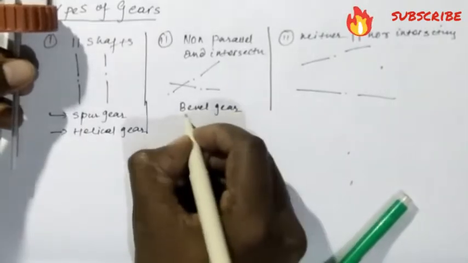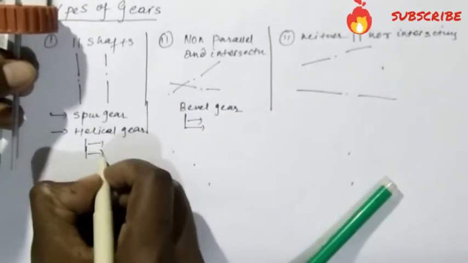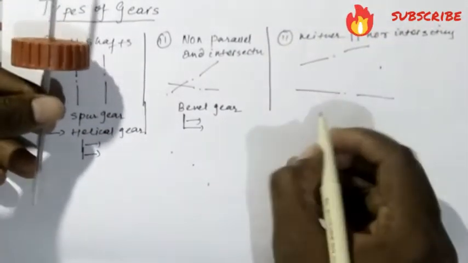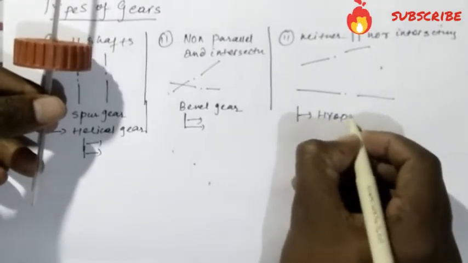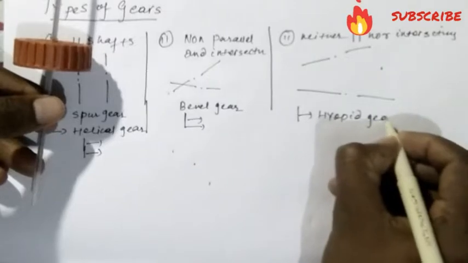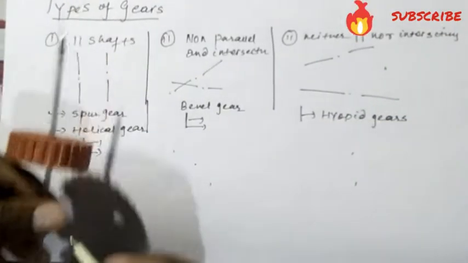Generally bevel gear. There is another classification of bevel gear. Here also there is a classification of helical gear. And when the shafts are neither parallel nor intersecting, the gear name is hypoid gears. Hypoid gears. Got it?